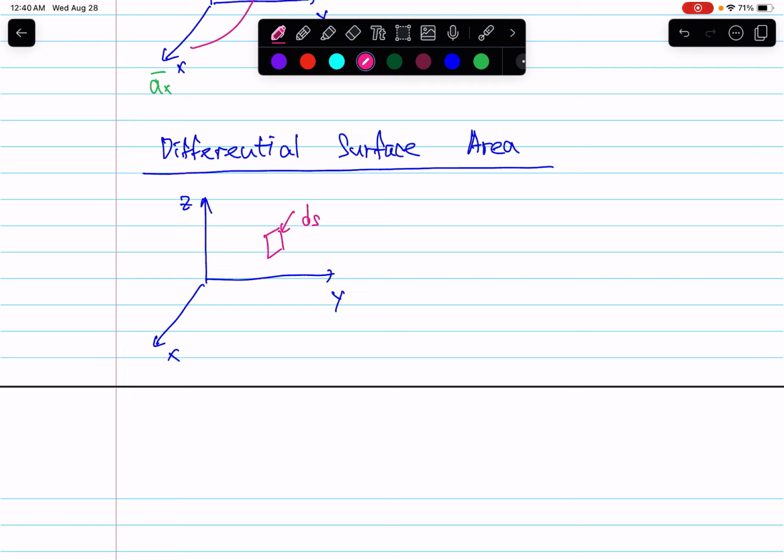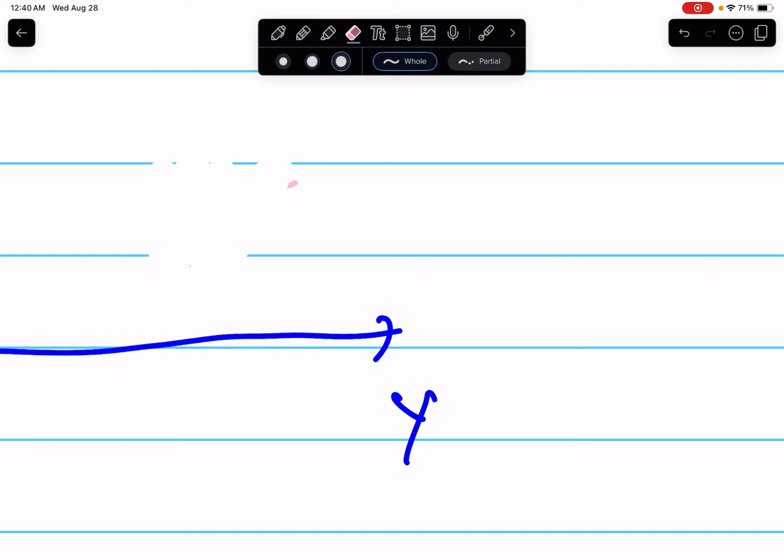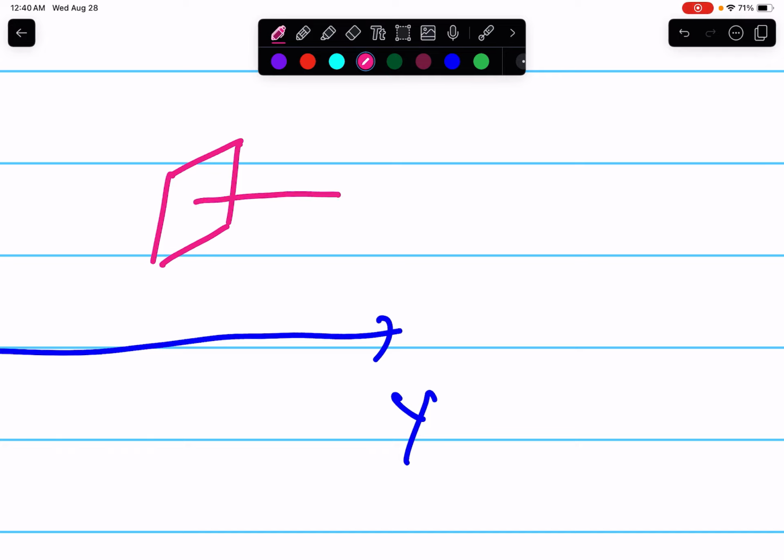Wait a second, let me redo this. So a surface is represented by the normal vector, which means the vector coming out from this surface. So if you zoom in, there's this normal vector coming out like that.